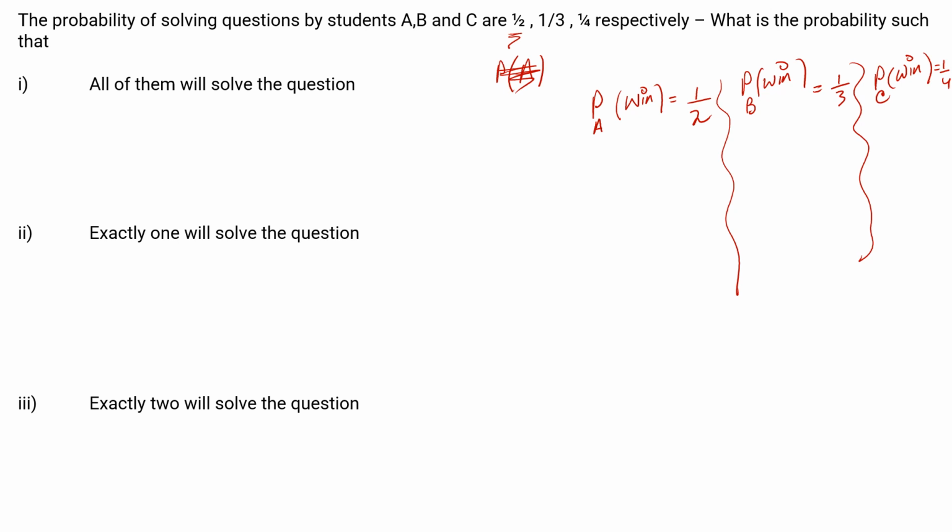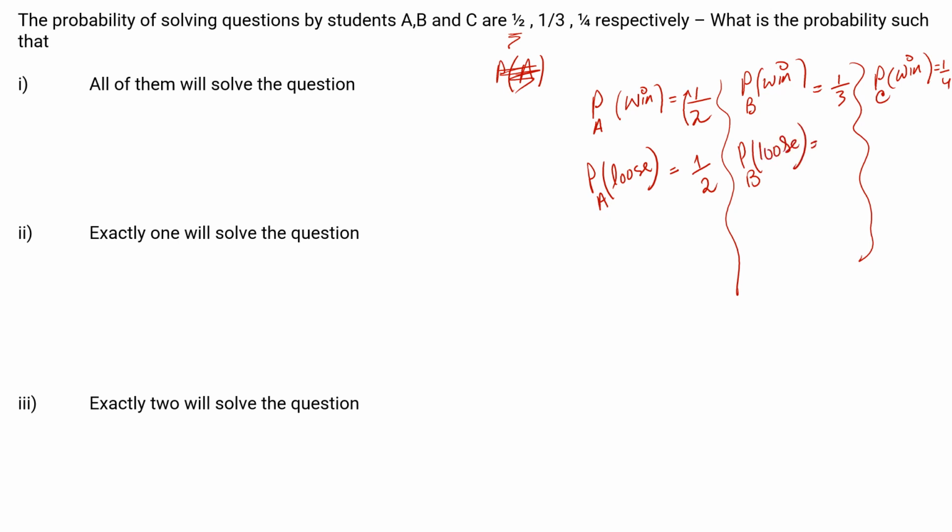So if the probability of solving the question by the first student is 1 by 2, what do you think the probability of losing, or not solving the question, will be? If out of 2 questions, 1 can be solved by the first student, then how many does he not solve? Of course, 1 question. Now student B: losing means not solving the question.